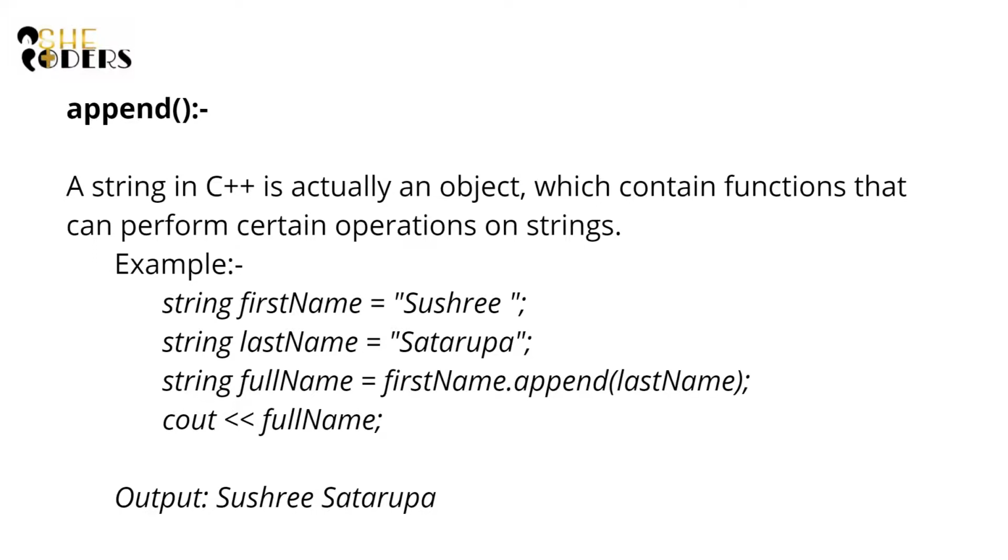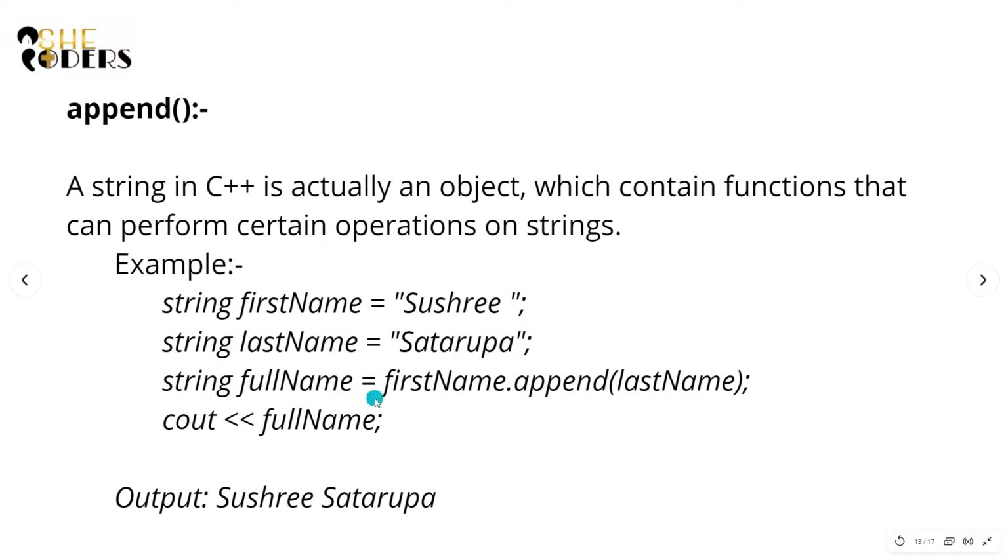Okay, so you can access any functions under that using just a dot operator, as I told you in case of dot size and dot length. So you can perform such operations on the strings like this. So here for example, string first name equals Sushri, and mark this, there is a white space or blank space at the end of Sushri, and the last name is Satarupa.